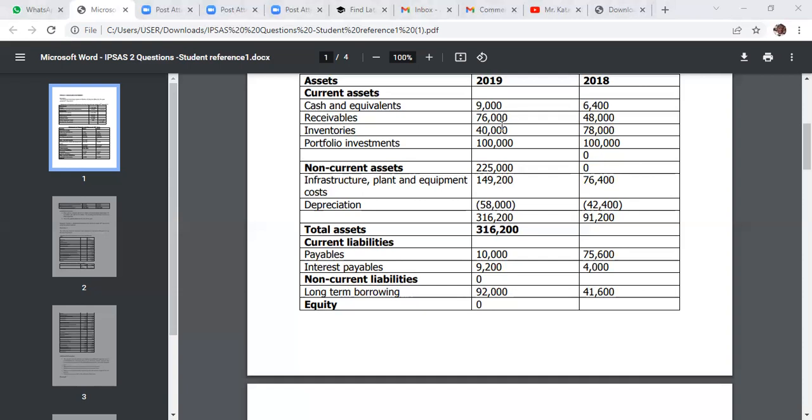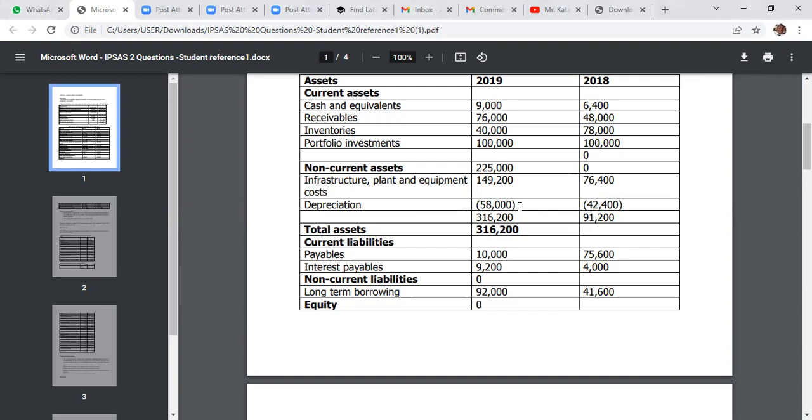But we also have accumulated depreciation. If you have accumulated depreciation, you must also draw the accumulated depreciation account.